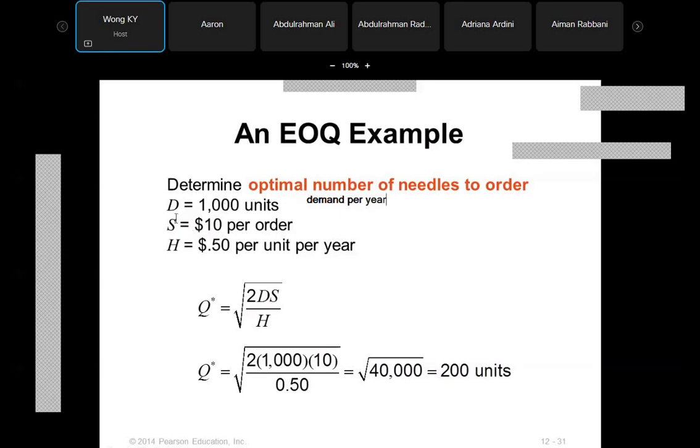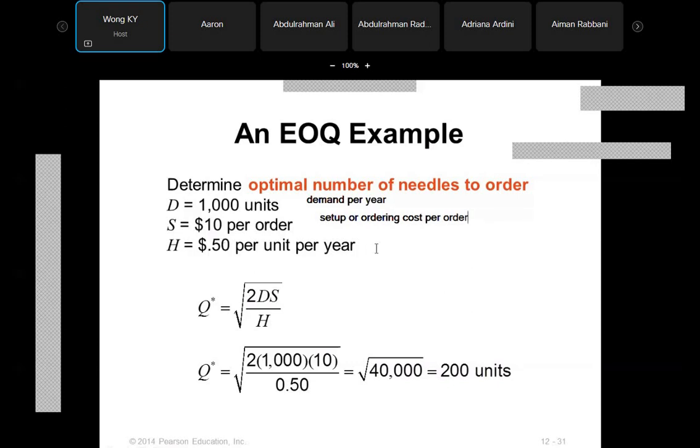Okay, and given S is $10 per order. What is S? Setup cost. So S is a setup or ordering cost per order. Means for every order that we made, what is the setup or ordering cost? And also given H. H is $0.5.